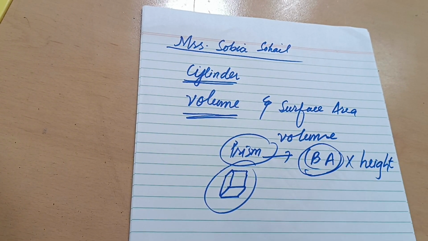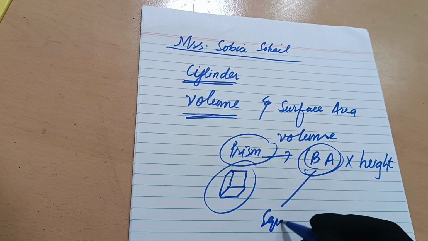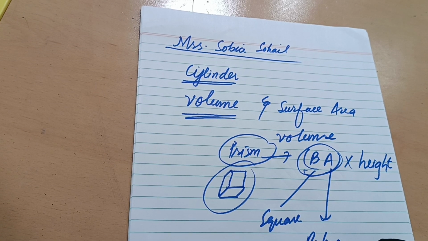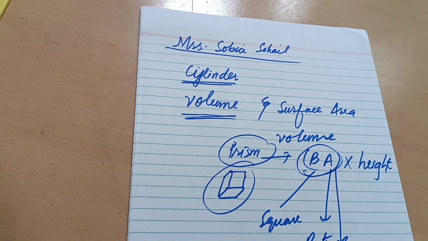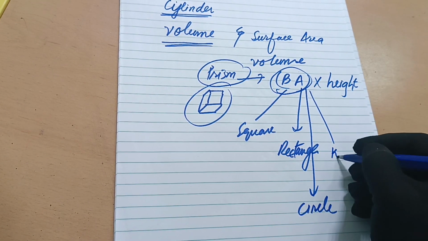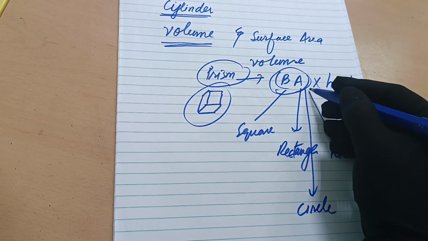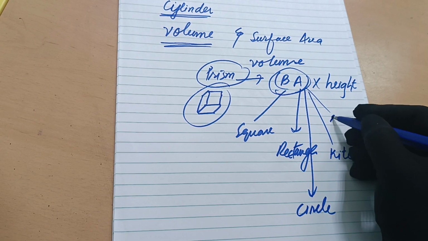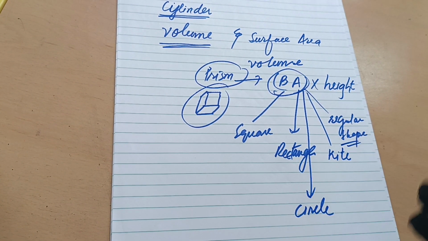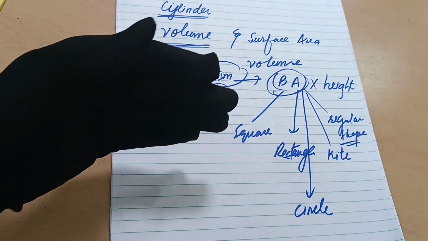Now that base area can be a square, a rectangle, a circle, a kite, or any regular shape in which you can find the area of that shape.